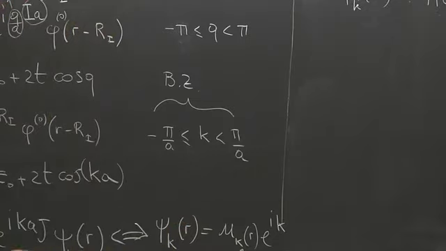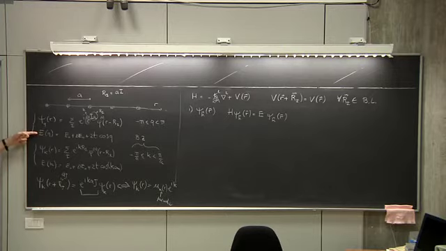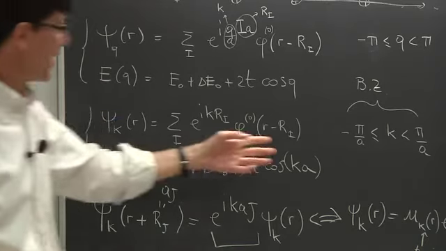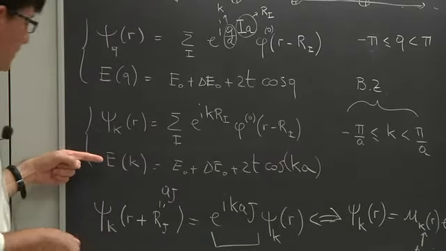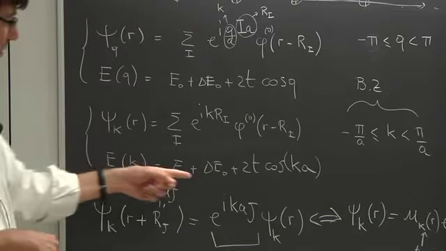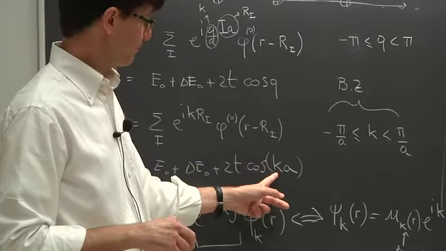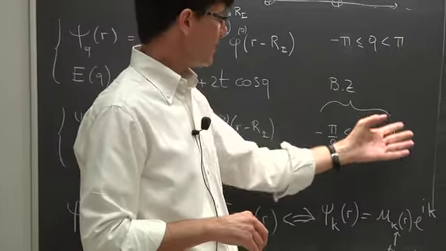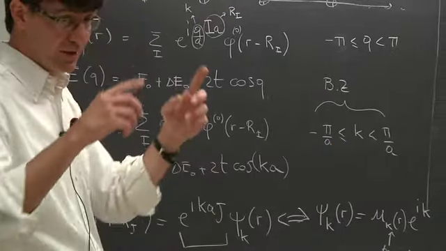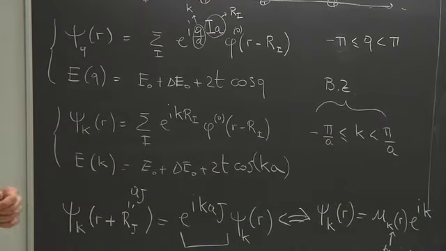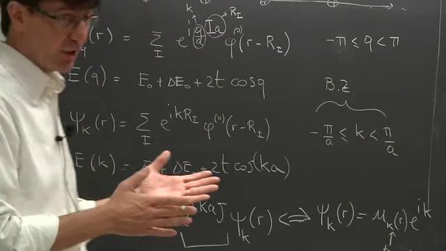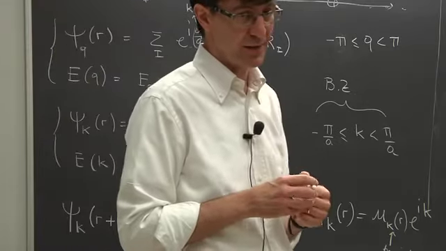So our solutions are periodic functions in a space which is periodic with periodicity 2 pi over a, and 2 pi over a is exactly the periodicity of the reciprocal lattice in one dimension.